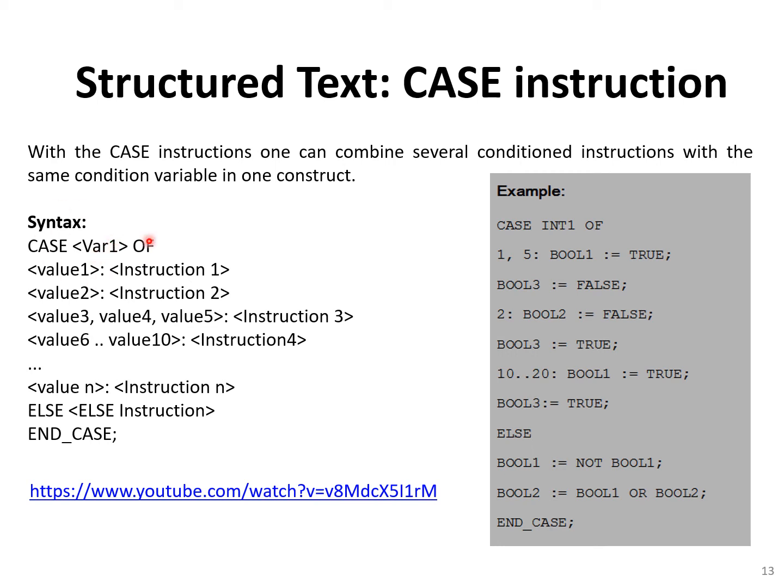Here it will check, for example, if variable 1 is equal to value 1, or value 2, or value 3, or value 6, and so on until it reaches the end. If it's equal to value 1, the first instruction will be executed, otherwise it will check the next until it reaches END_CASE. Here we have one example, CASE integer 1 OF.